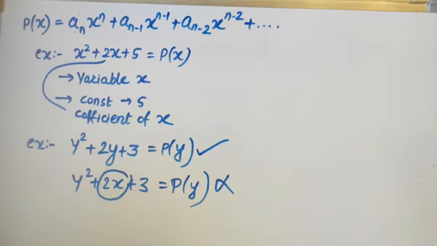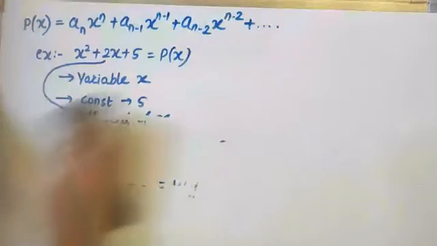So let us see another concept. Let us move forward. Let us see the divisibility rule in polynomial. What is the divisibility rule in polynomial? First we see the basic.